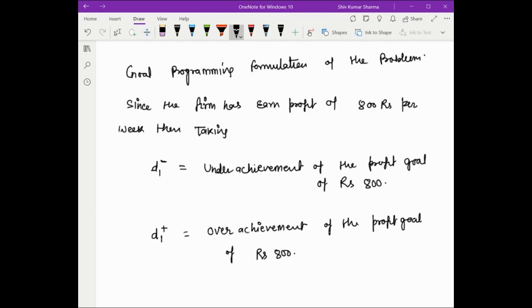So there are two possibilities, that means we can achieve more. The overachievement part we denote as d1 plus, and underachievement we write as d1 minus.